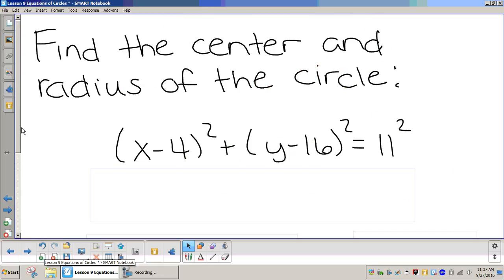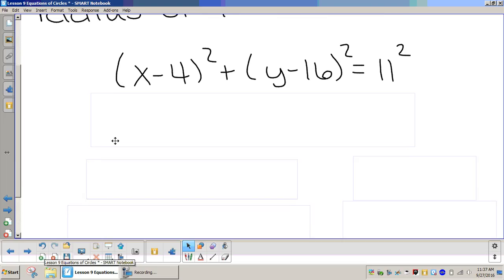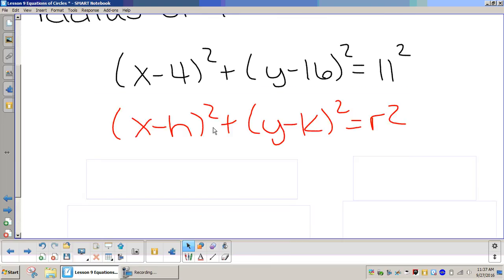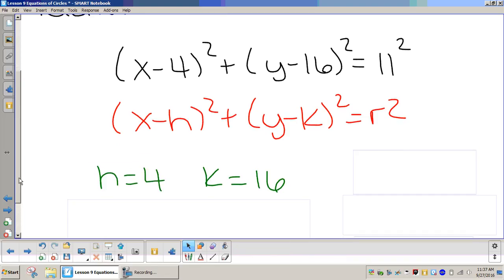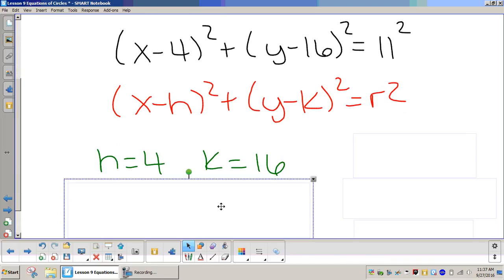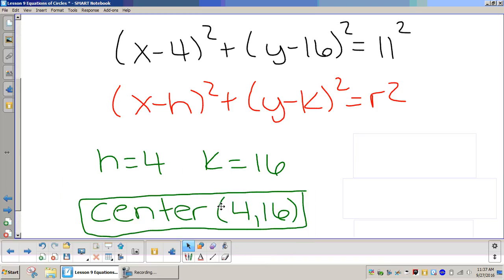So I'm going to do that again. I'll write the equation of a circle. I see that h should be +4 since there's both minus signs there, and that k should be +16 since they're both minus signs. So it's a little counterintuitive. It's not exactly how you think it would work. So that means my center is (4, 16).